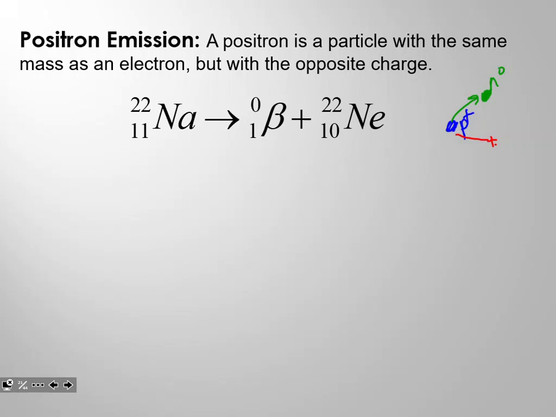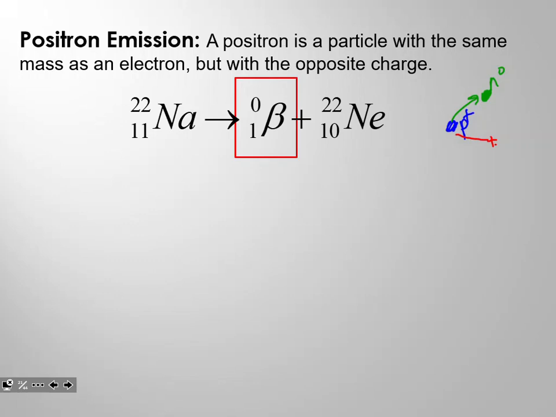Positron is like the electron in the fact that it's the same size, but it's really just a positive, fast-moving positive thing. Not very big. And what it does here, if you look at this particular example, it is going to take 1 out of the proton number and reduce it. When it does that, you go from sodium, which is 11, to neon, which is 10 in terms of the protons.